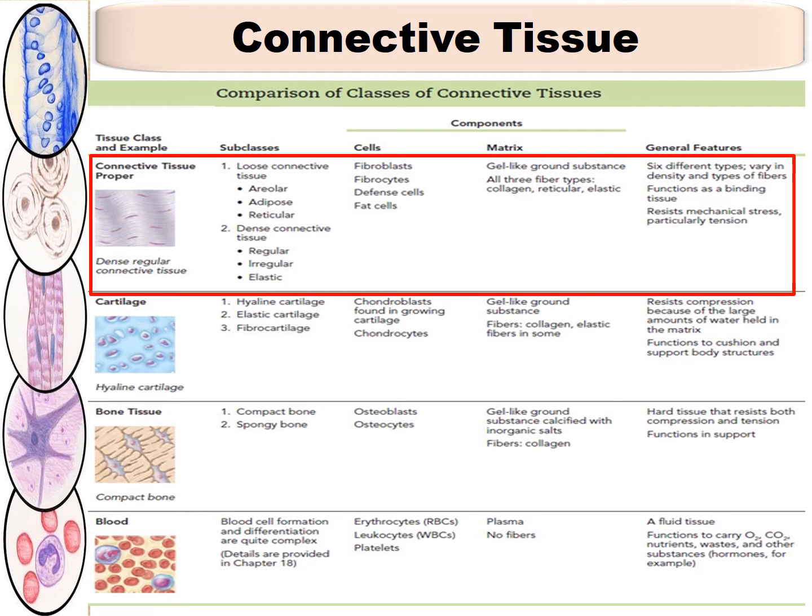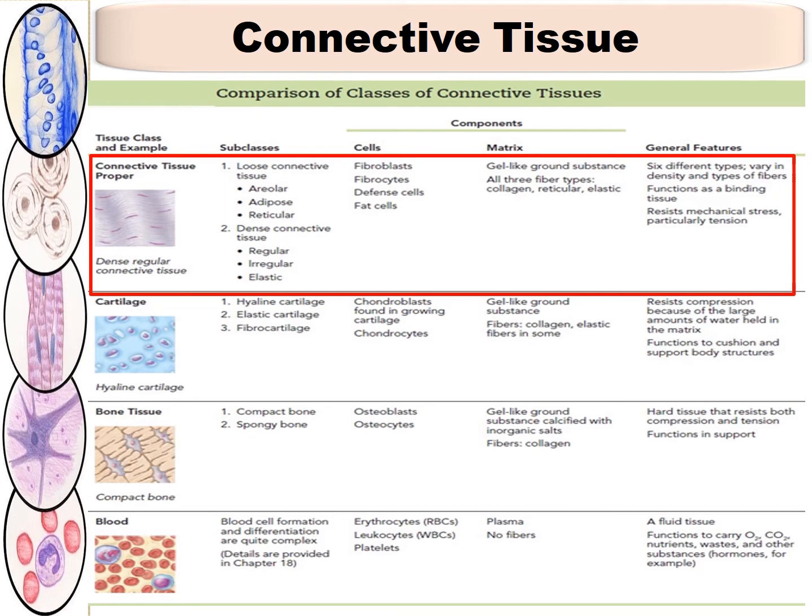The general feature of connective tissue proper is that its six different types vary in density and type of fibers, and it functions as a binding tissue.